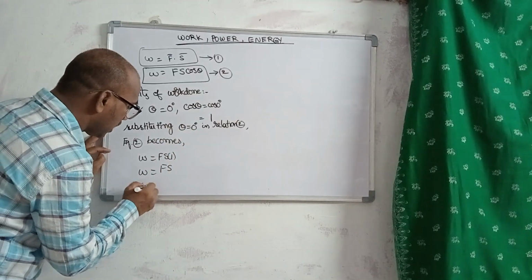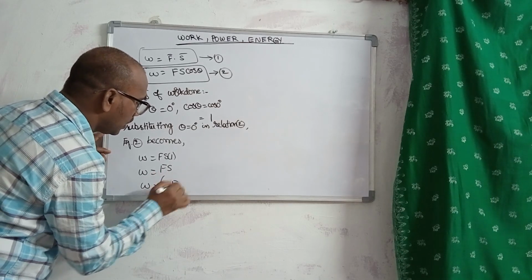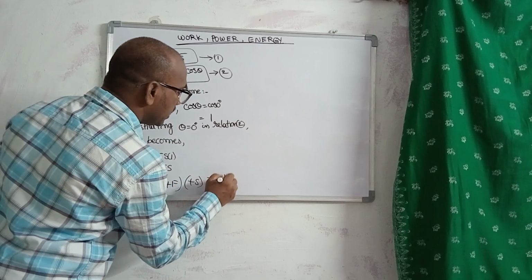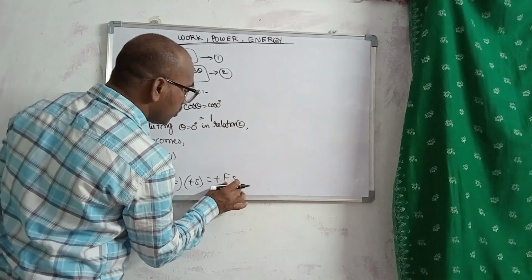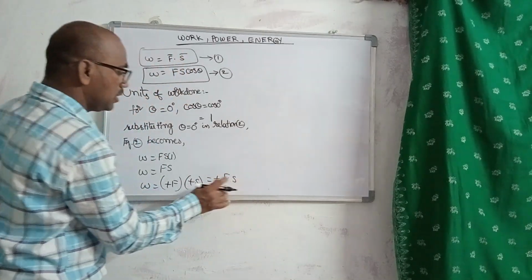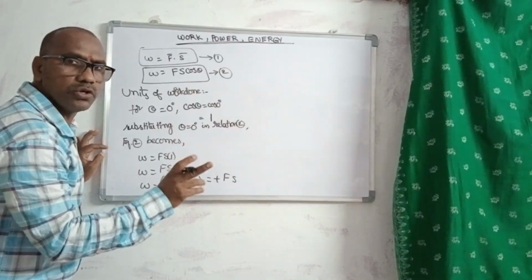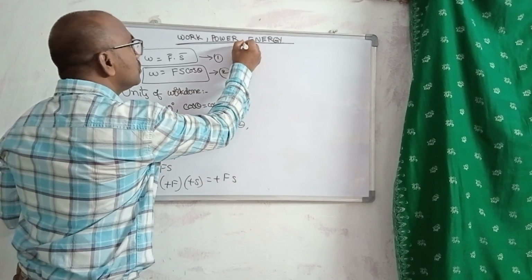We can write W equal to plus F into plus S, so plus Fs. So if theta equal to 0 degree, W equal to Fs, positive.